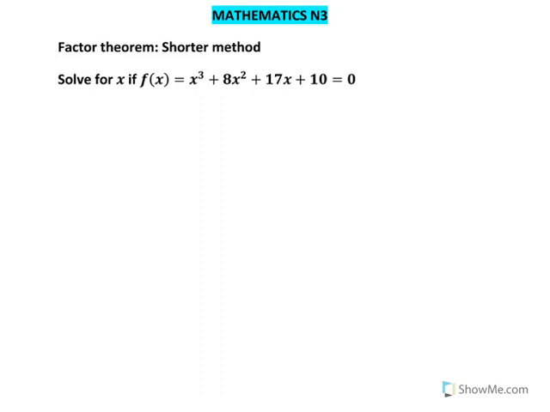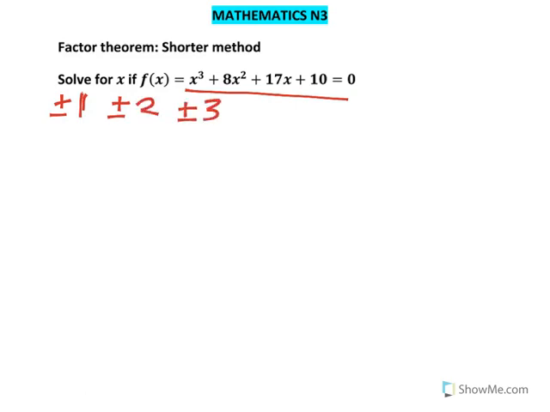Now the next one says solve for x if f of x is equal to 0. So when you're given this kind of a problem, what you quickly need to do is find the first factor of this. So you're going to try plus or minus 1, plus or minus 2, and plus or minus 3.